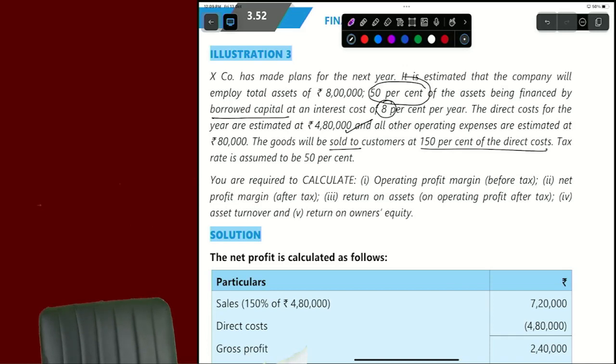Asset turnover. We have calculated that formula also or not? Turnover generates assets, assets generate turnover, sir. What is the total assets? Assets 8 lakh. What is the sale? The formula is turnover by total assets. What is the turnover? 7,20,000 divided by 8 lakhs.